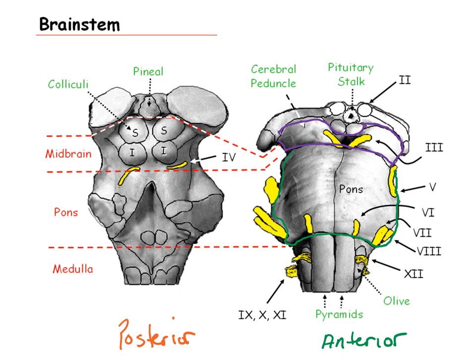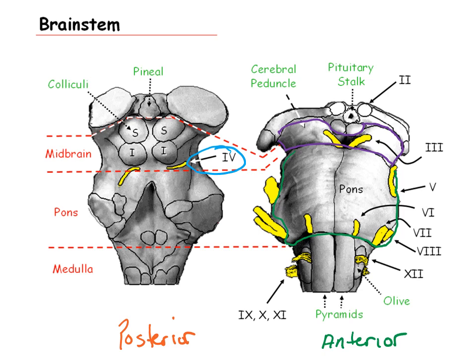So as you can see, most of the structures emerge from the brainstem somewhere, at least on the lateral or anterior side of the brainstem, with the exception of one, cranial nerve number 4, which emerges out the posterior side of the brainstem.